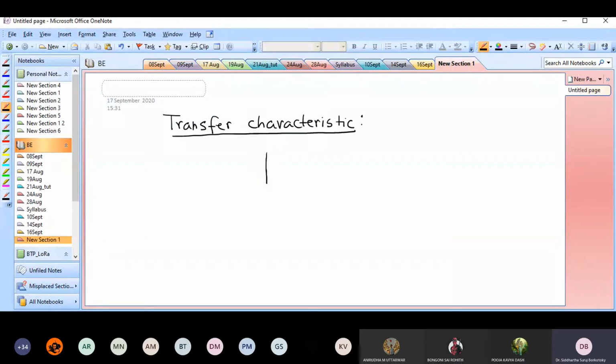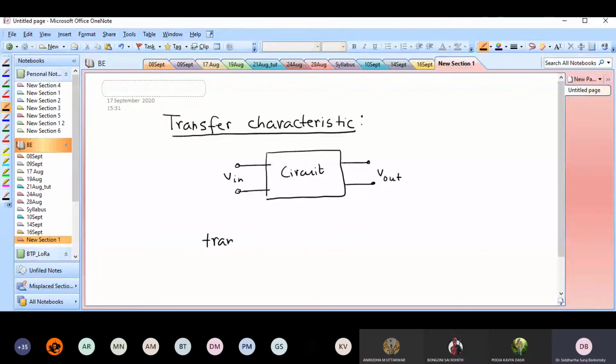Essentially what we mean here is, if you have some circuit, and you have some inputs, and you have some output, then your transfer characteristic is nothing but V out by V in. So transfer characteristic is just the ratio V out by V in.